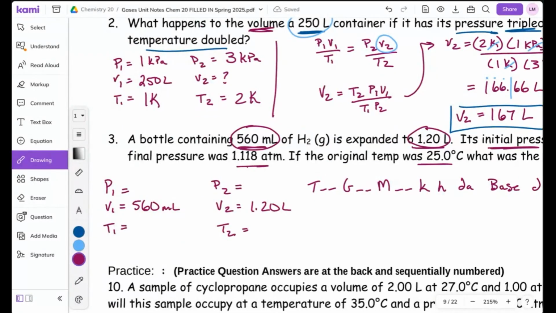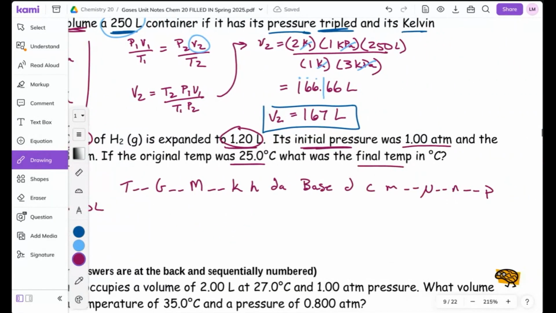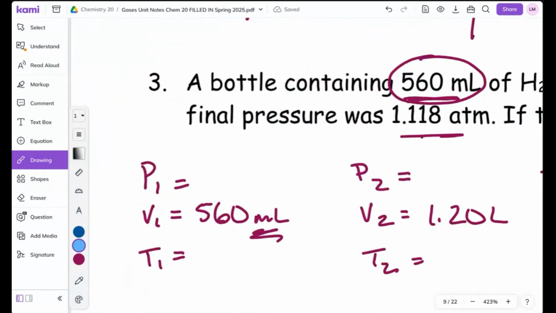So if I look, okay, we're starting off with milliliters, we want to get to liters. So liters is a base unit, milliliters will be found here. So in order to get from milliliters to liters, I'd need to move my decimal 1, 2, 3 over to the left. Okay, which does the exact same thing as dividing by 1,000. So 1, 2, 3 to the left, that's going to give us 0.560 liters.